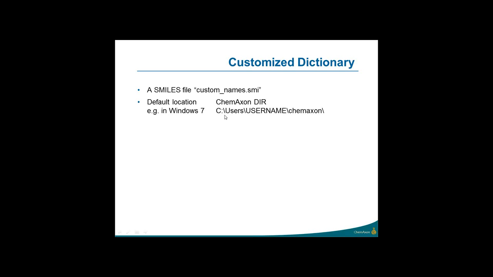If it's on Windows, it's located under username ChemAxon. And the format is very simple. You simply put the SMILES of the structure, separated by a tab, and you can put any text string after that. In this case, it's a corporate ID.